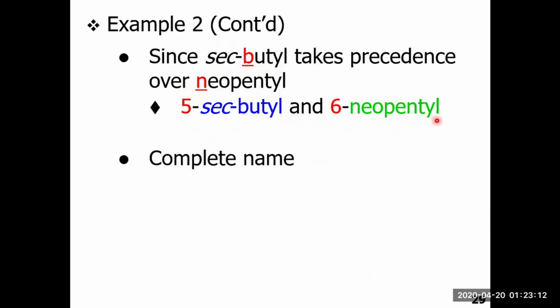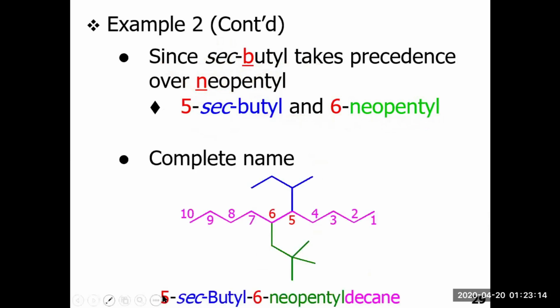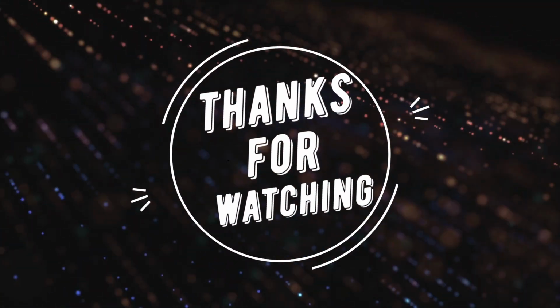So if you write the complete name, it becomes 5-sec-butyl-6-neopentyldecane. Again, these are all the substituents listed alphabetically, and this one will be the parent.